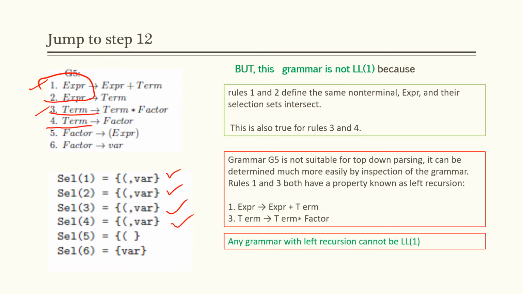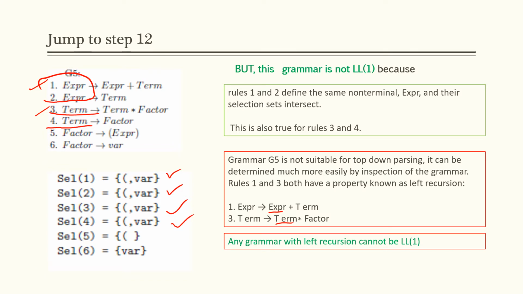Both have a property known as left recursion. Left recursion means that at the beginning of the right-hand side, they have a non-terminal. So we say that it is not suitable for top-down parsing. Instead of using the 12-step algorithm, we can determine it earlier on the grammar itself.